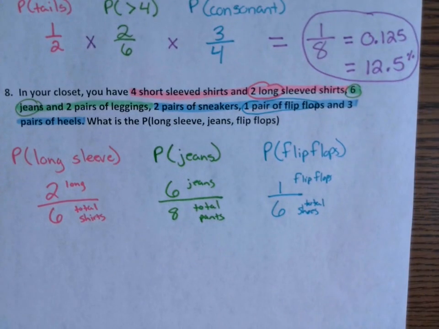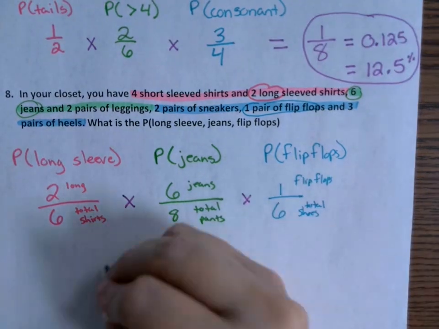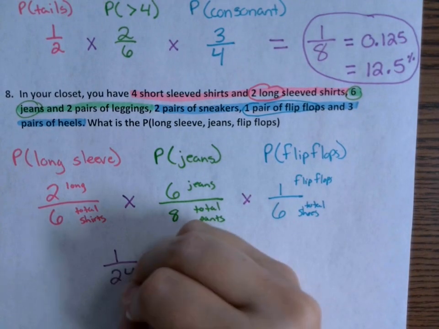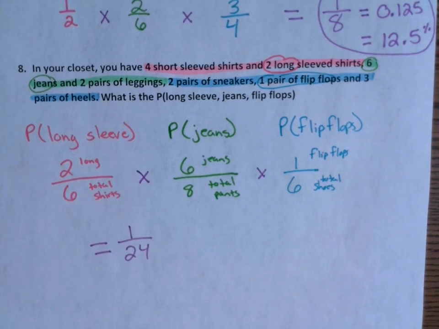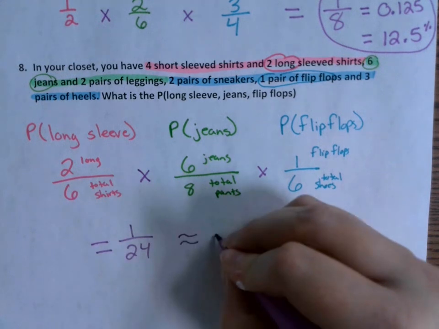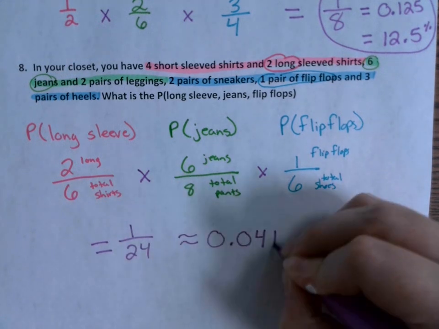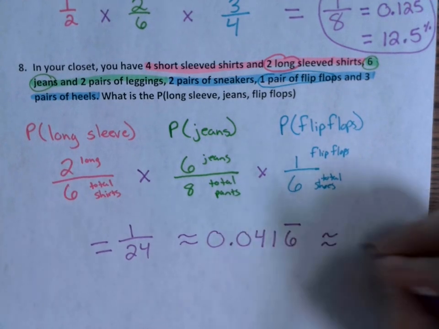When we multiply that out, we're going to get 1 out of 24. And if we wanted to do our conversion, we can divide 1 by 24. That's going to come out to approximately 0.416 repeated, which is approximately 4.16 repeated percent.